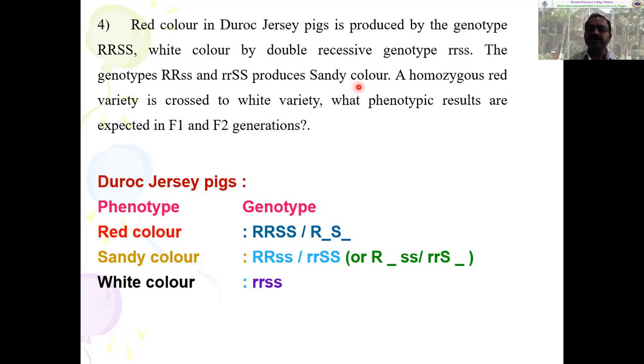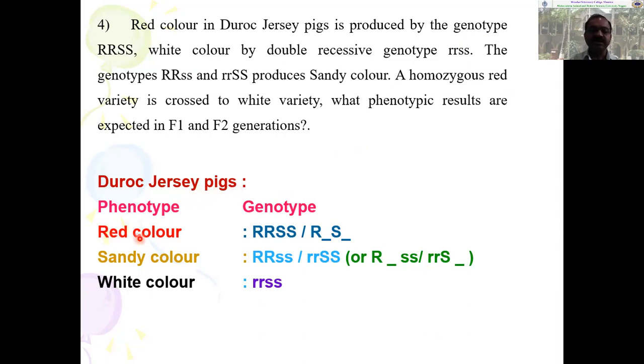Okay, so here we have been given the crosses, and we have to find out what happens when this red variety, capital RR, capital SS, is crossed with the small rr, small ss. What would be the F1 and F2 phenotype, and what is the proportion? So let's see the phenotype and genotype of each Duroc Jersey pig.